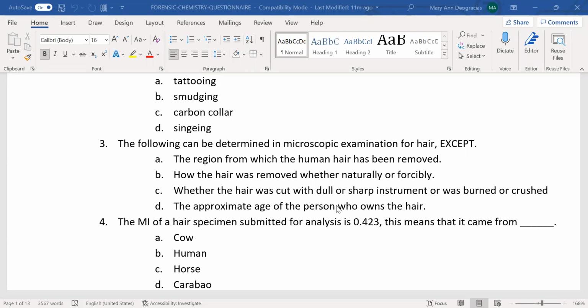So our question is 0.423. So it's lesser than 0.5. That means that is a human hair.